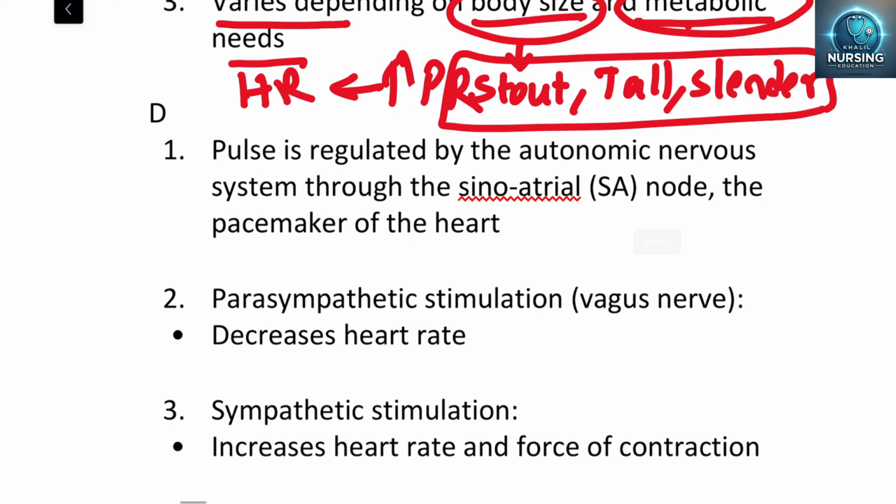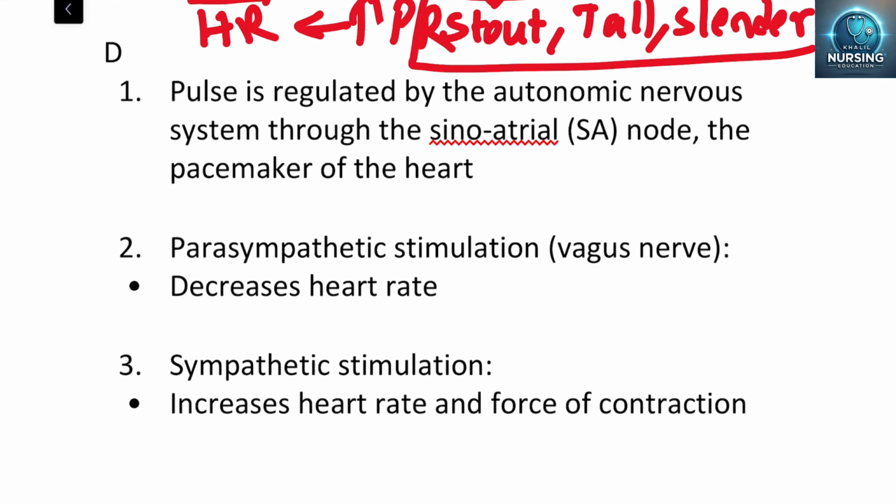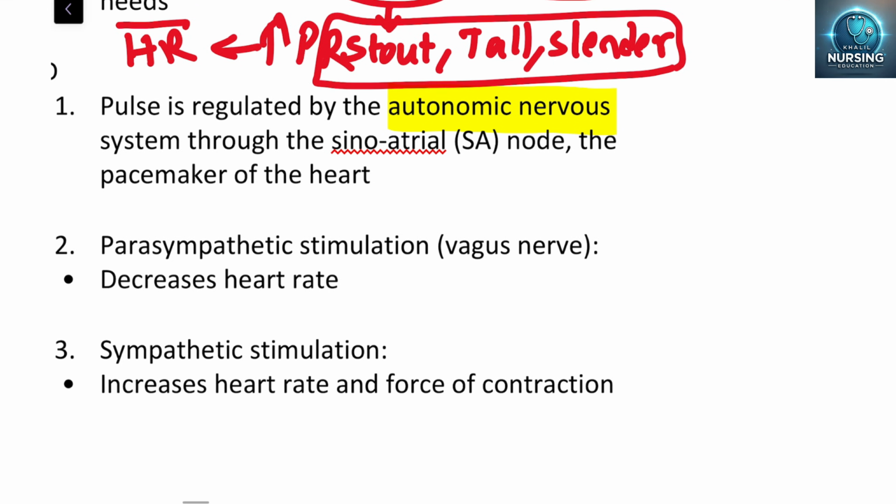Next, pulse is regulated by the autonomic nervous system. In the autonomic nervous system we will see the sinoatrial node. The sinoatrial node does the function for the heart rate. Very importantly, the right branch of the coronary artery supplies blood to the sinoatrial node.